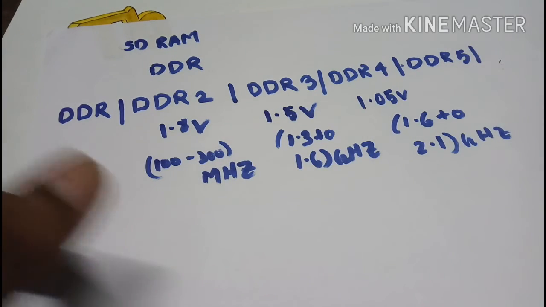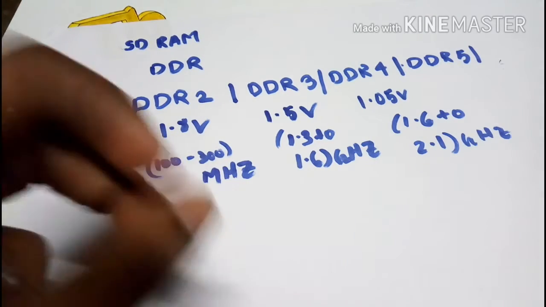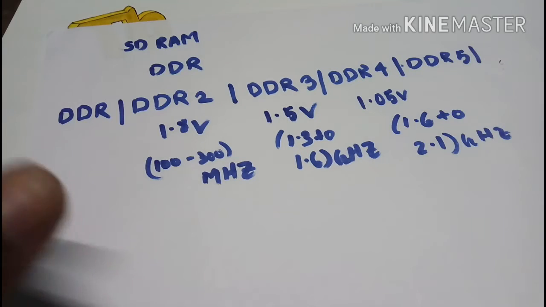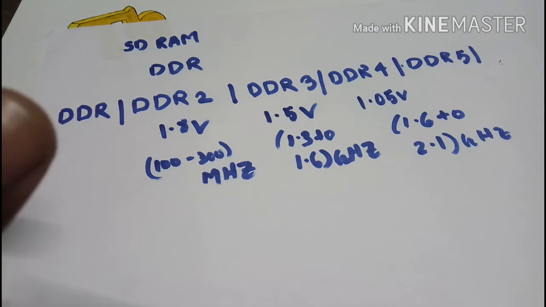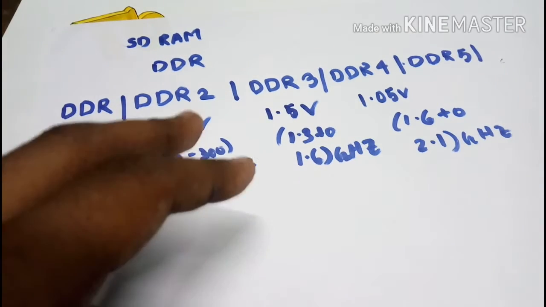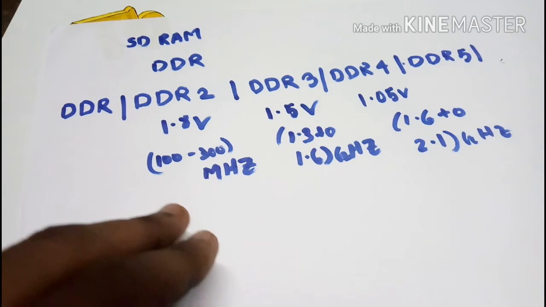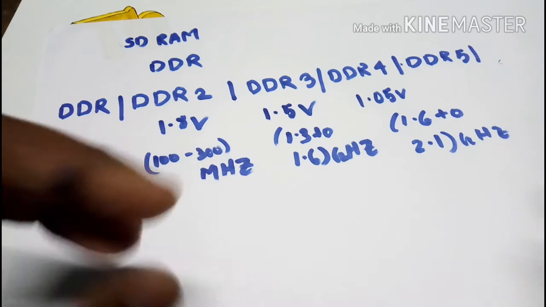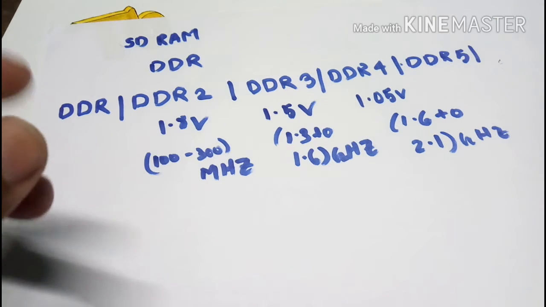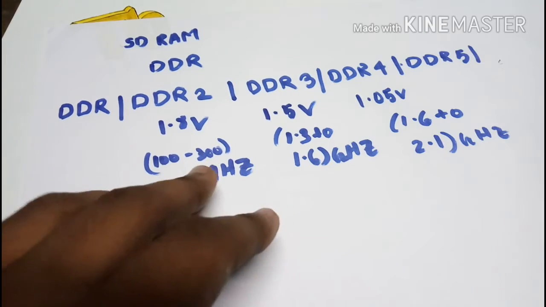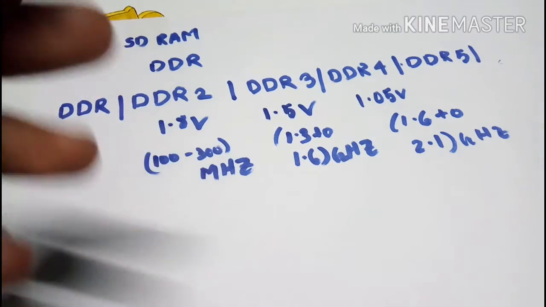Now if the clock speed of the RAM is slow, it can process less data at a very low speed, so it can't meet the demands of the processor. So your device will lag, and you won't get optimal performance. To get optimum performance with a lag-free and stutter-free experience, you have to choose a RAM whose clock speed is higher.